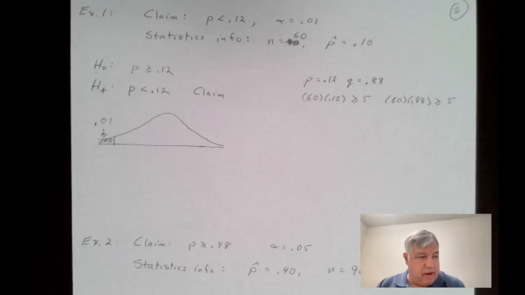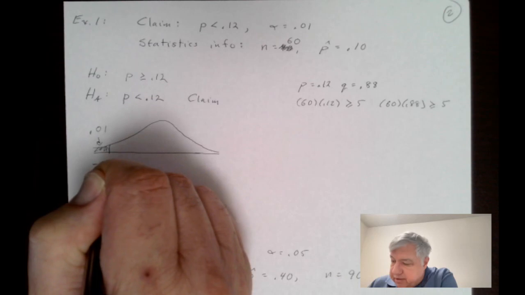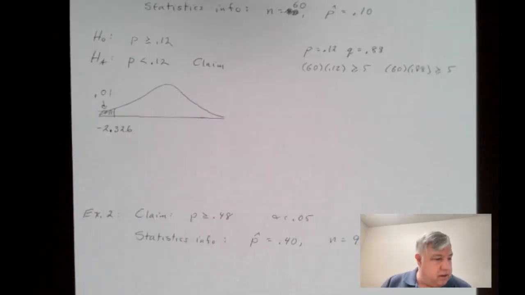You can either memorize this or just do the inverse norm of 0.01 on your calculator, and you'll find that this is negative 2.326.